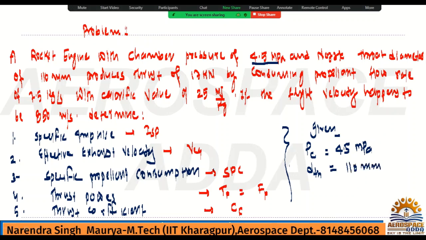It produces the thrust they have given to us, which is 7.5 kilonewton, and the mass flow rate of the propellant, m dot p, is given, sorry, 7.5, not 17, it's 7.5.